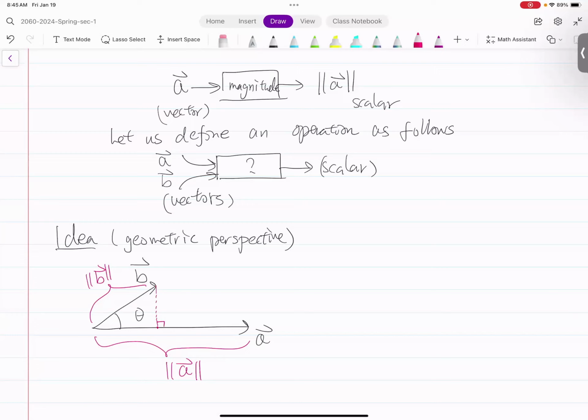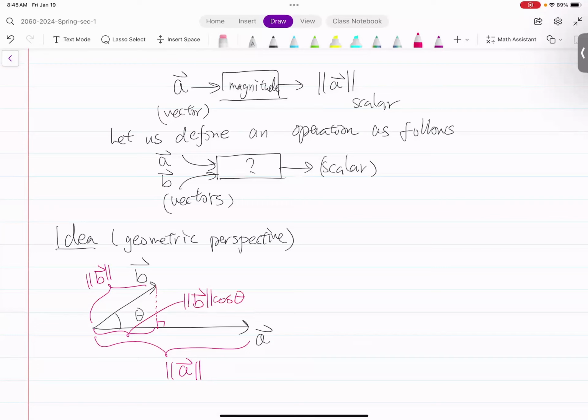We know the angle cut between the vectors is theta, so we form a right triangle, and this edge is the adjacent edge of the right triangle to the angle theta. So this length is the hypotenuse times cosine.